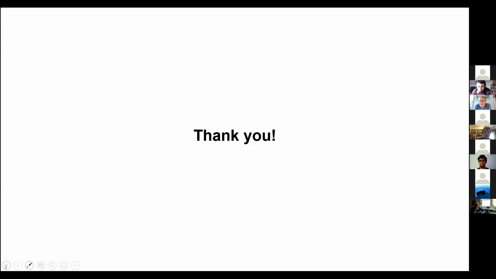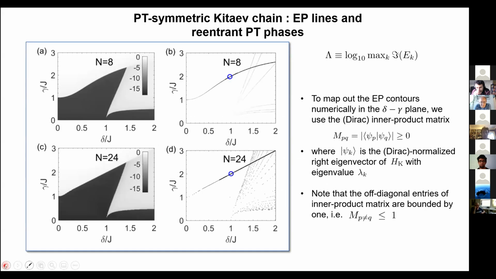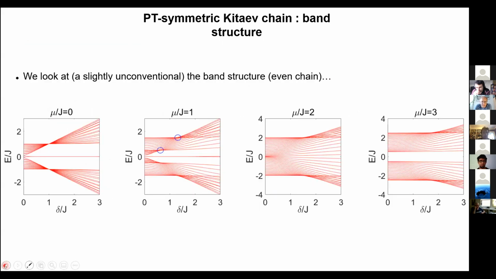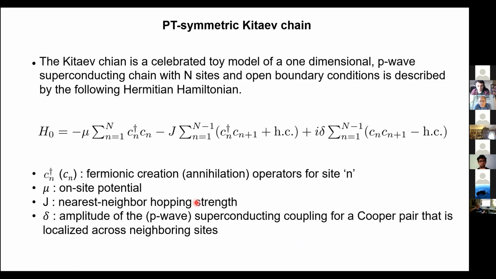You showed a slide of your dispersion relations, or that's what you called them, but I didn't really get that slide. Normally dispersion in a chain would be your energy versus your quasi-momentum, but you described delta here as your on-site potential. What did you mean by that? No, delta is the coupling between the Cooper pair. It's the superconducting coupling, which is basically this part right here.